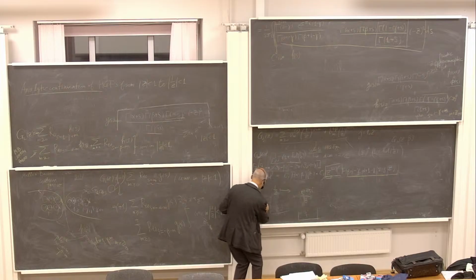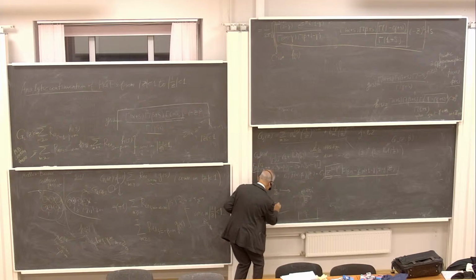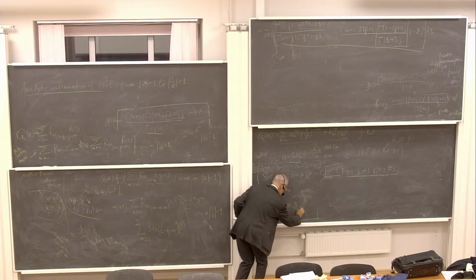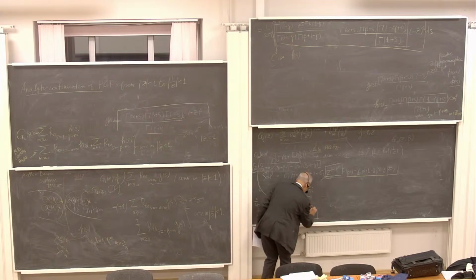Then this operator becomes minus theta w plus alpha, w plus beta, minus w times something.